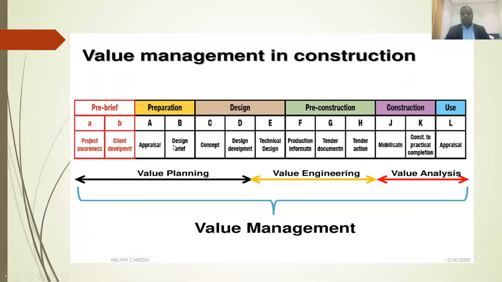Now there are only 8 stages, previously around 13 stages. However, what I'm trying to say here is that value management is a combination of value planning, value engineering, and value analysis. You do value planning during your initial design stage. You can do value engineering from concept, design development, and technical design. You do value analysis after construction, analyzing what you designed.